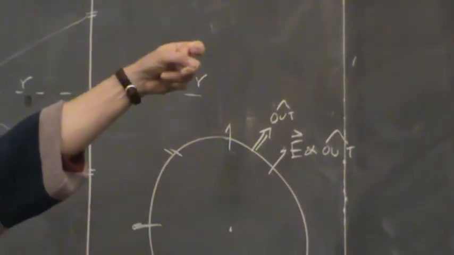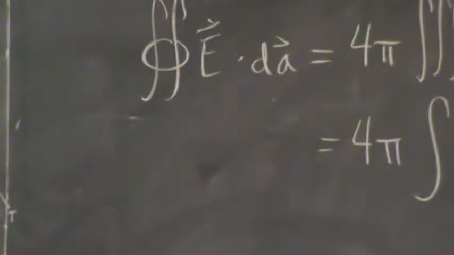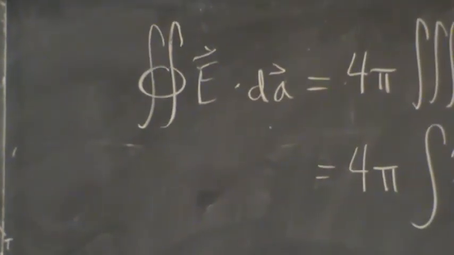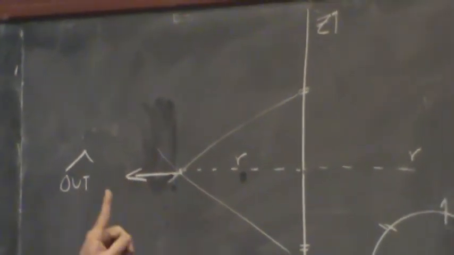That means that when I do that integral over the circular surface, it's going to be the field times the area of the surface and nothing more. Okay? Then, because the field points straight out, I haven't finished my surface yet.